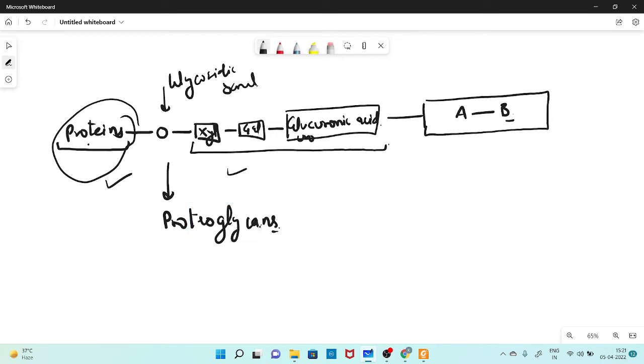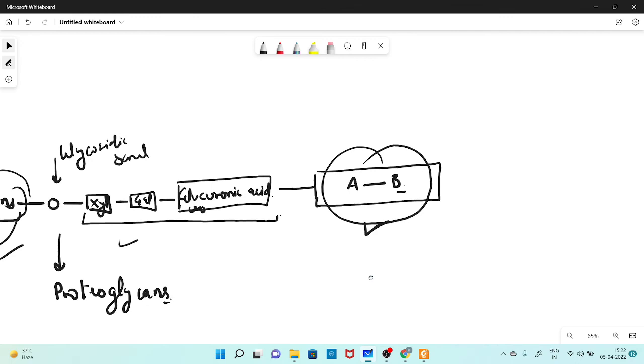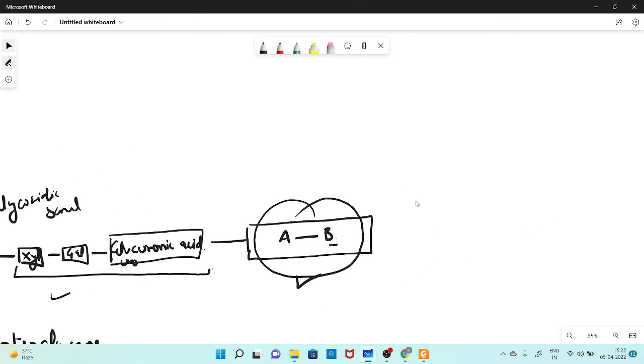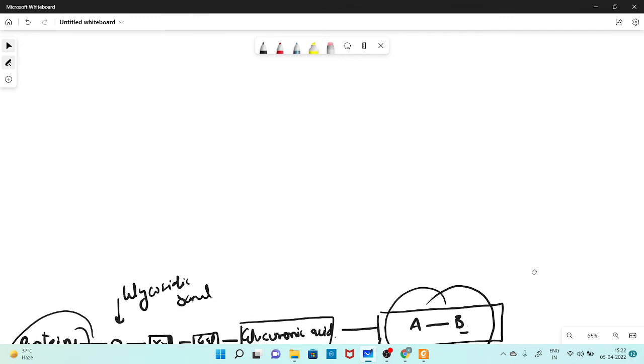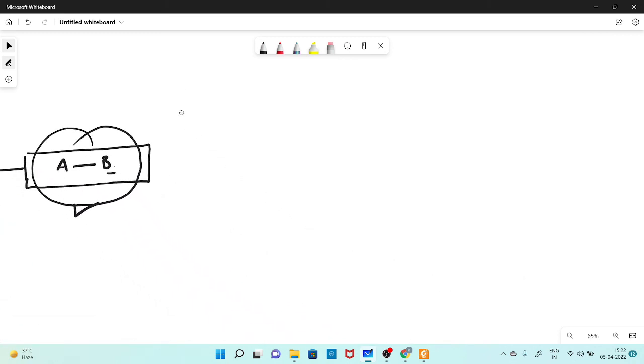Right? So let's talk about this one now. Now I'm going to discuss only these disaccharide repeating units. What are these units and how many types are there? Based on their structure and the negative charge on their structure, they are categorized into different forms. Number one is chondroitin sulfate.